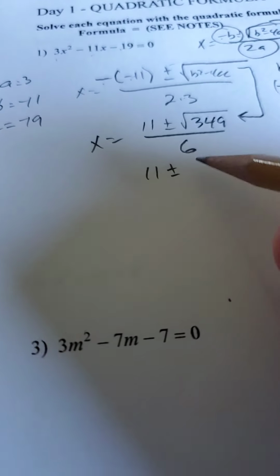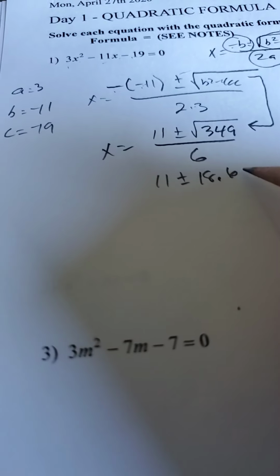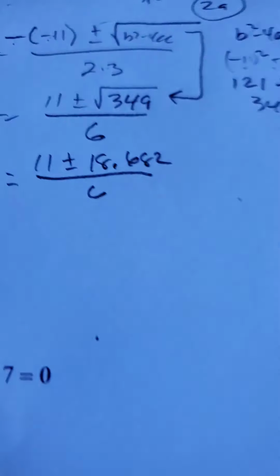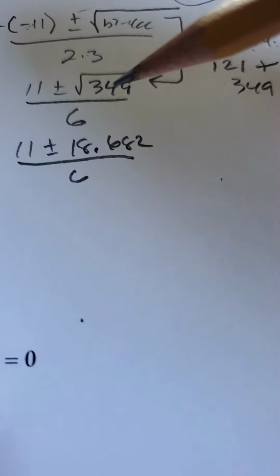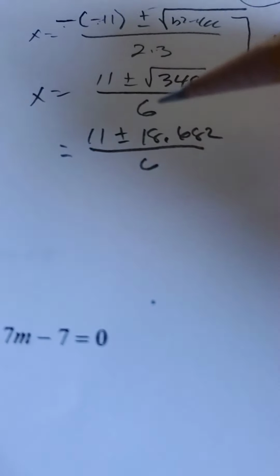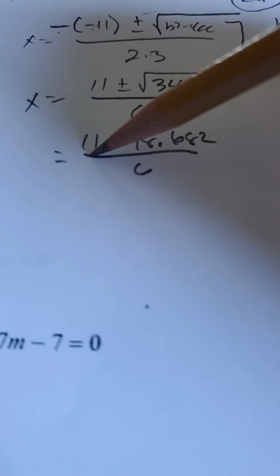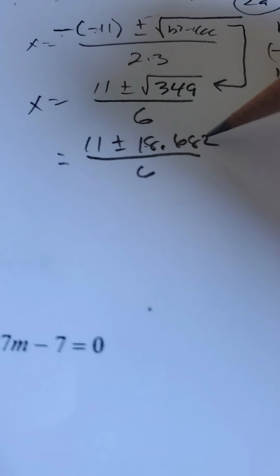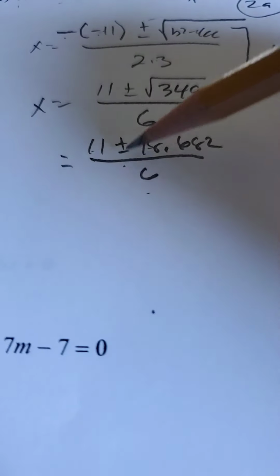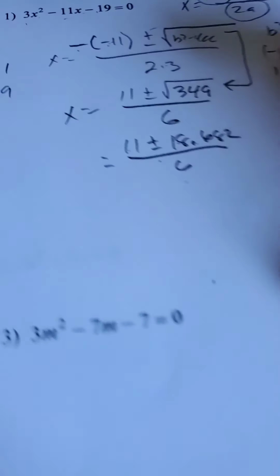So we're going to rewrite this as 11 plus or minus 18.682 all over 6. I just changed the square root of 349 to 18.682. Now what this plus or minus means is it's 11 plus 18.682 divided by 6, and 11 minus 18.682 divided by 6.